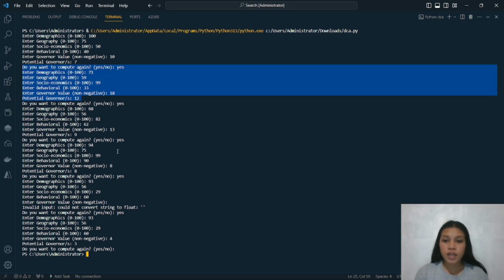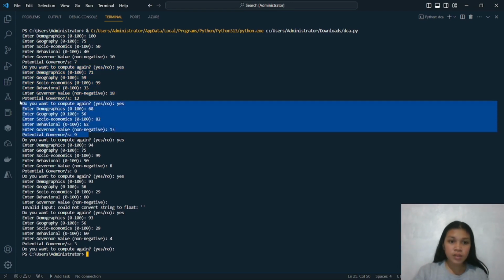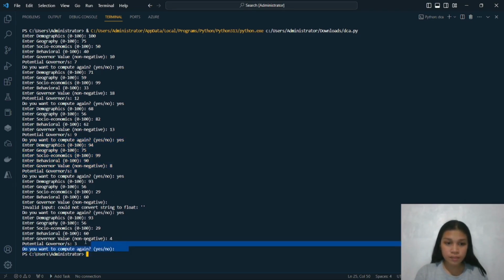In the third case, the evenly distributed factors. The fourth case is the high socioeconomics and behavioral influence. And in the last case here, we computed the low socioeconomic impact.